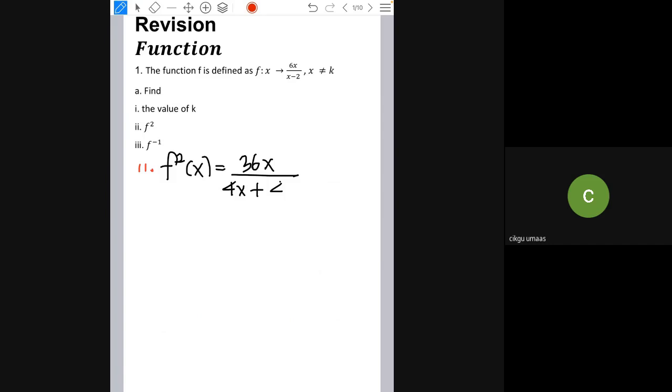But one thing obviously can be seen very clearly. 36 and 4 are multiples of 4. Do you agree with me, students? So to make it look easier, I divide everything here with 4. So when I do this, I am going to get 9x over x plus 1.